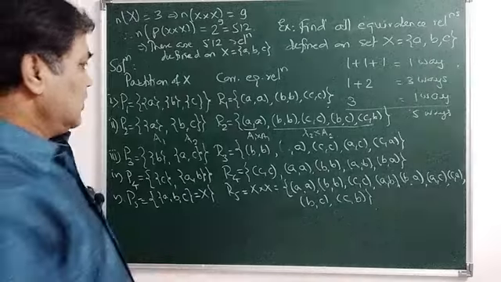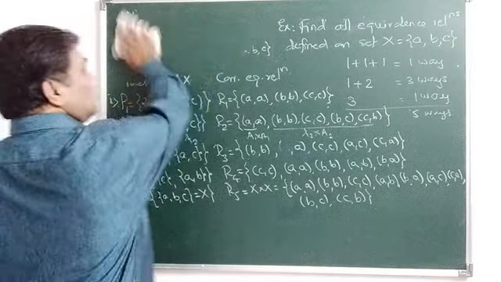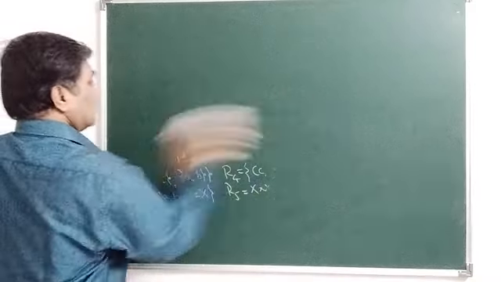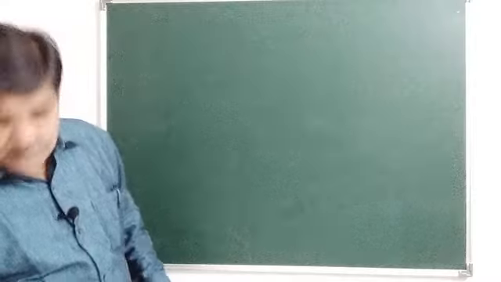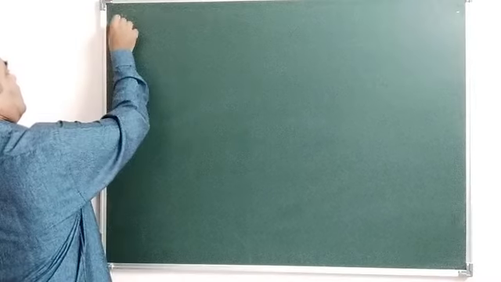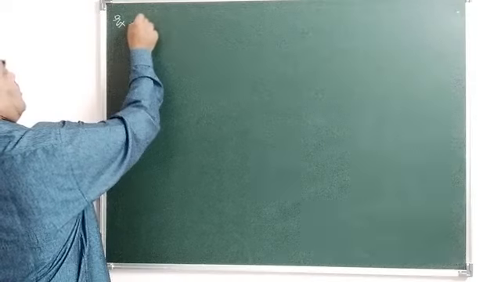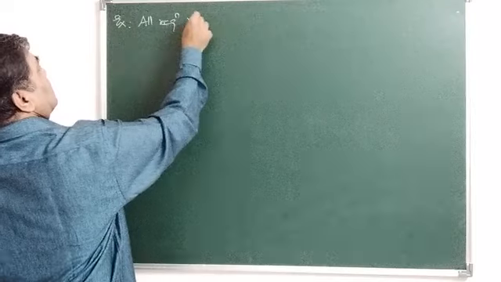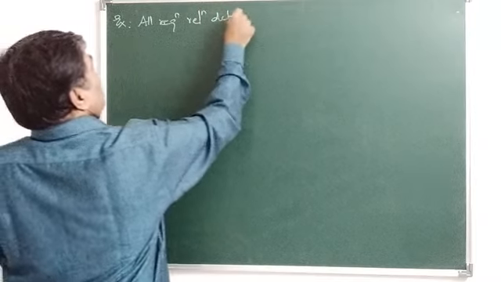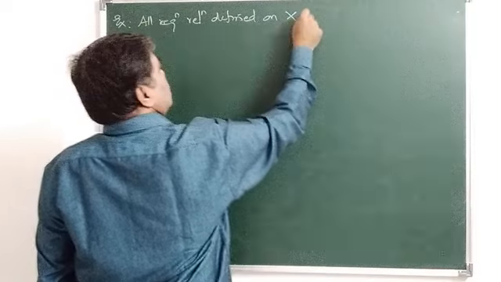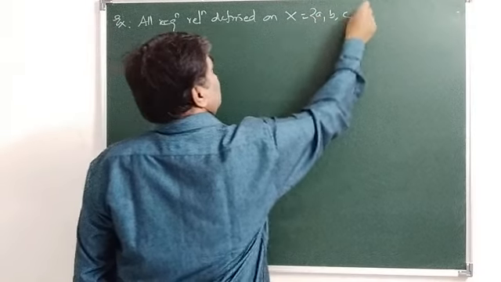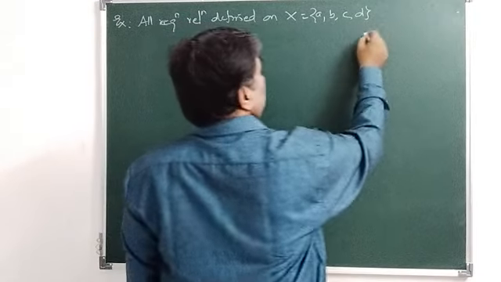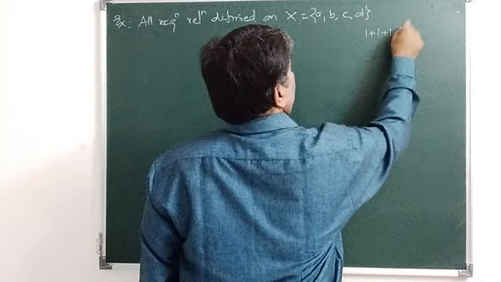Now try to find partitions of a 4 element set and then their equivalence relations. All the equivalence relations defined on a 4 element set. X is equal to say A, B, C, D. For this, 1 plus 1 plus 1 plus 1, this is one way.